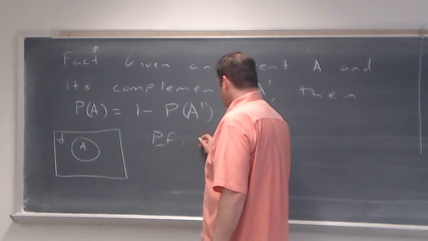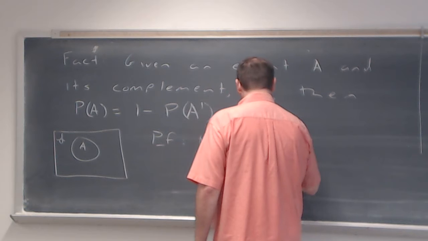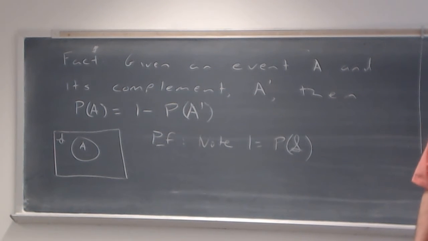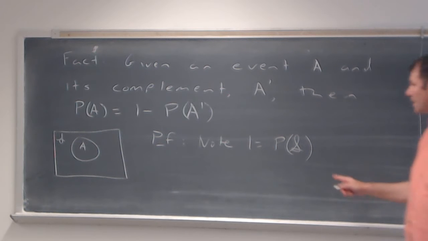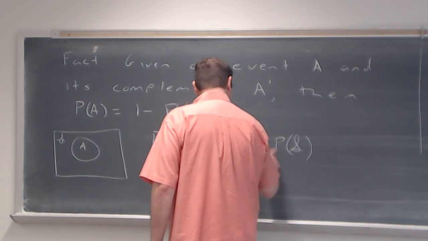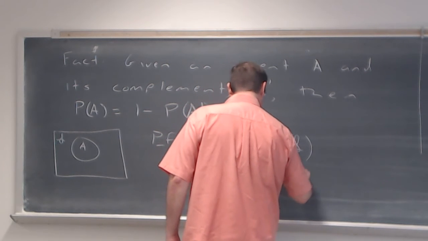First of all, note that 1 is equal to the probability of the sample space. That was a fact from the definition of a probability. Now we're going to rewrite the probability of the sample space as the probability of A union A complement.